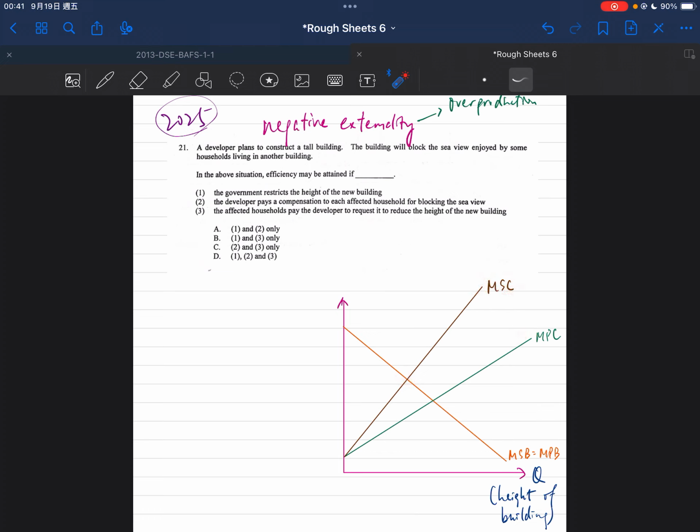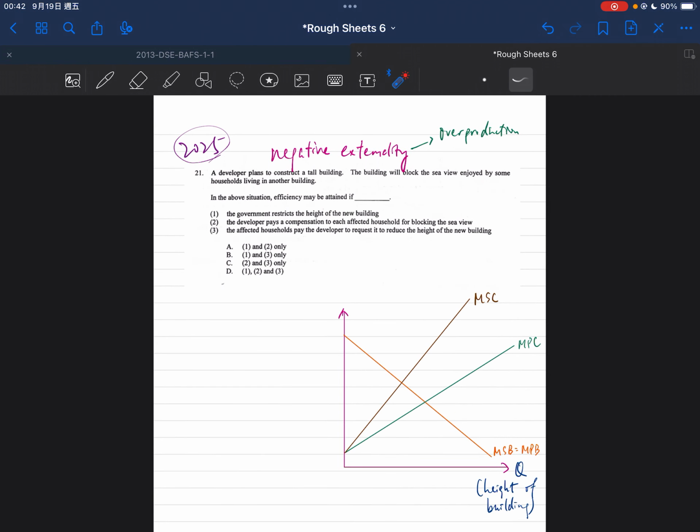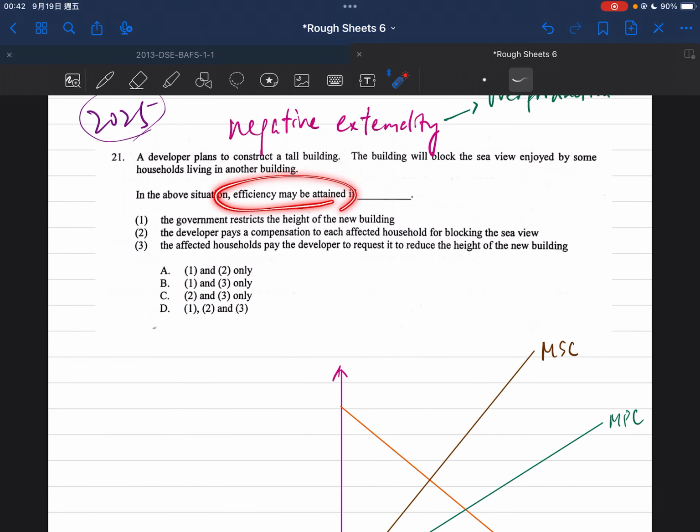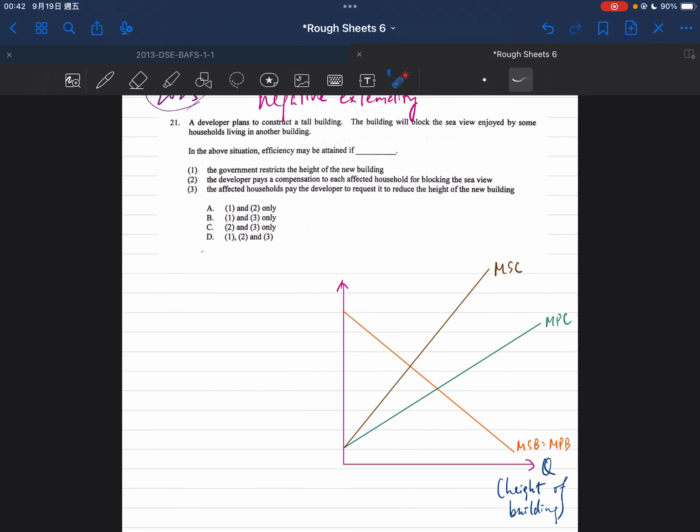This is the efficient level, where marginal social benefit equals marginal social cost. When we produce here, this quantity is above the efficient quantity, so this is an overproduction and there is a deadweight loss here. Efficiency is not attained here, because at this quantity, marginal social cost is higher than marginal social benefit.